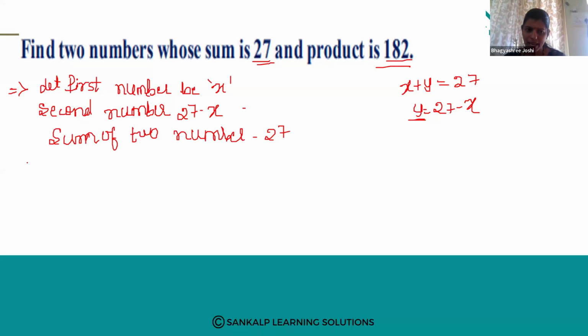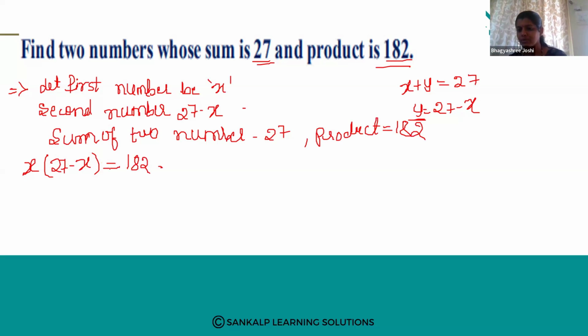So first number is x here and second number is 27 minus x, and the product is 182. Yes or no? So x into 27 minus x, where x is the first number and 27 minus x is the second number. So x into 27 minus x is equal to 182.